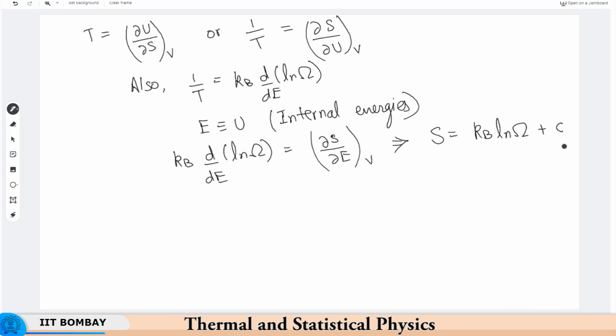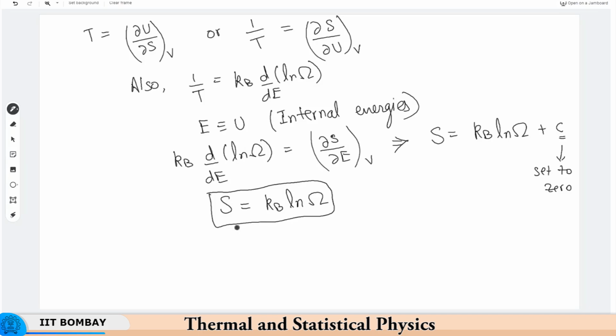This is the definition of entropy expressed in terms of the number of microstates in the system, and c is some arbitrary constant, some entropy which is independent of omega, and it turns out we can always set it to 0. Which leaves us with a very important equation, the entropy S is equal to Kb times log of omega.